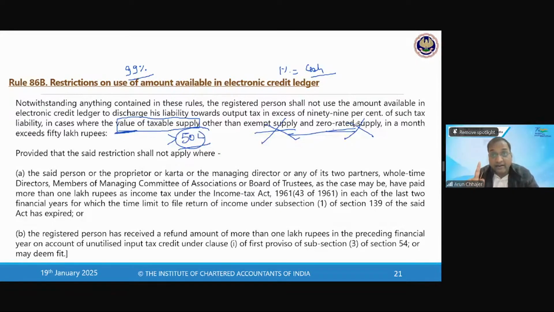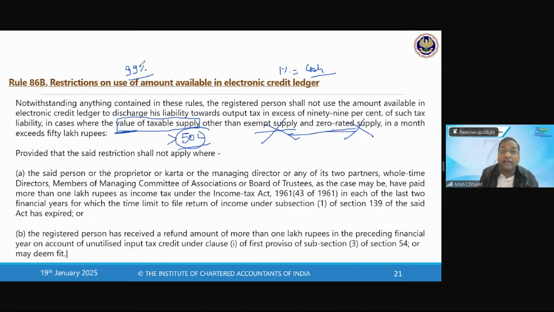एक बात ध्यान रखिएगा, you might receive in the bigger question or in any of the question that the tax liability is more than 50 lakh and they are asking in which how much you will use ITC.